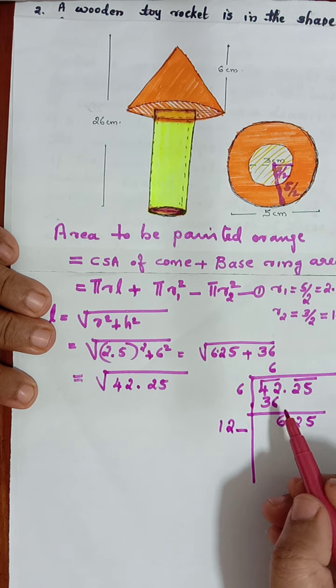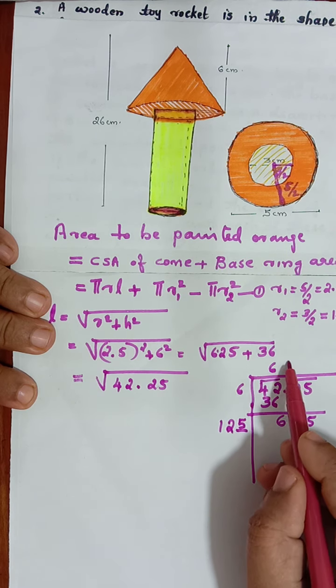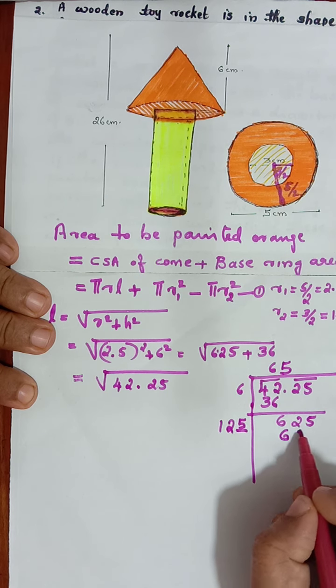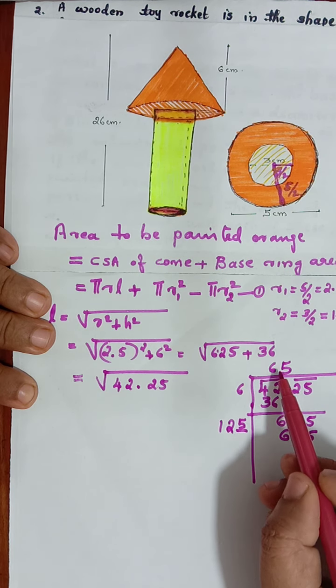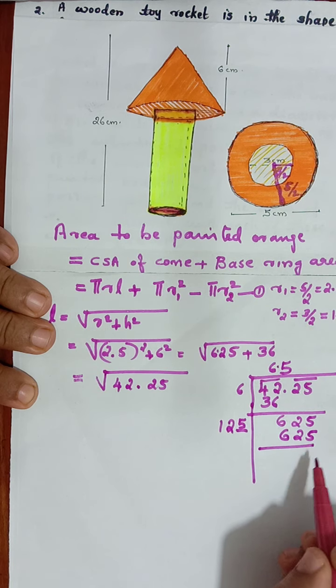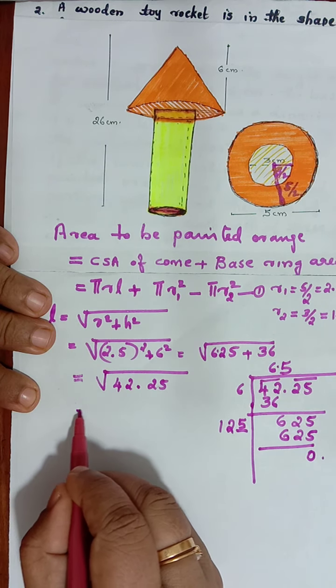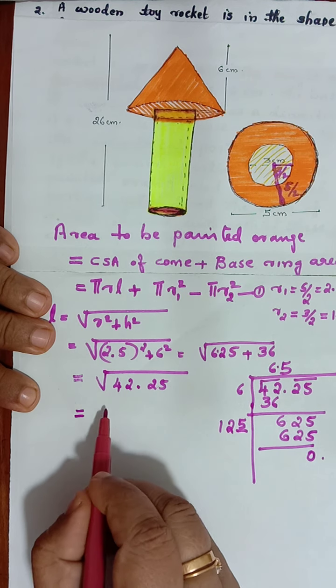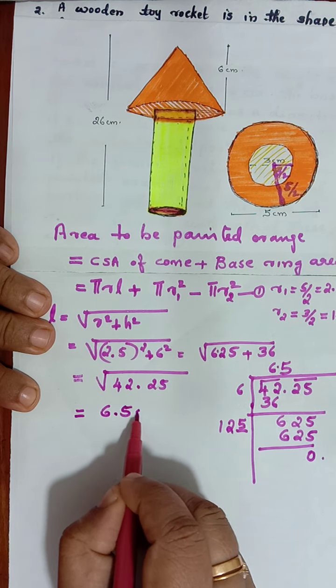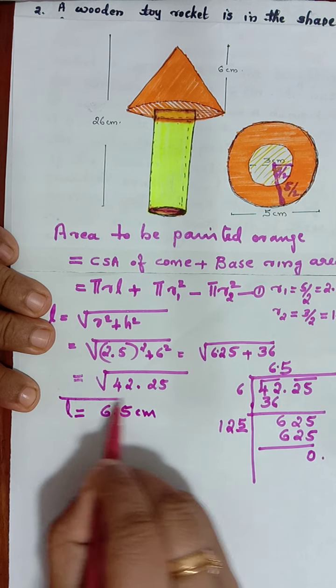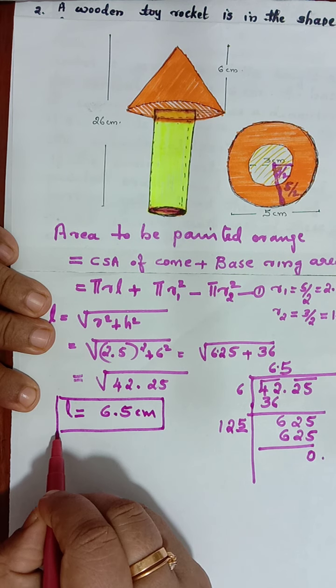Choose a number. Which number will be suitable? 125 into 5 is 625. Here you have to apply the decimal. 625, so balance 0. So what is this equal to? Square root of 42.25 equal to 6.5 centimeter. That's an important point. You just mark like this.